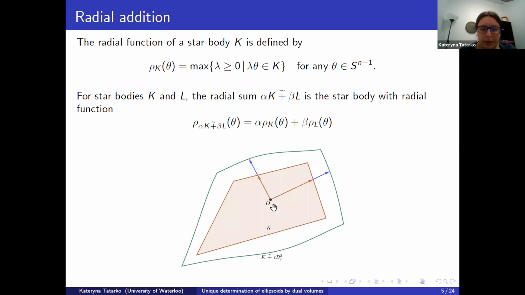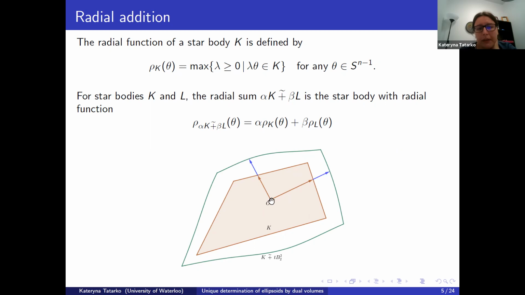So basically what we're doing is taking a body K and adding to it the unit ball. We fix the direction theta, take the radial function in the direction theta of body K, and add to it the radial function in this direction of the unit ball.